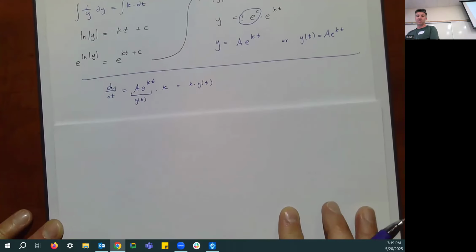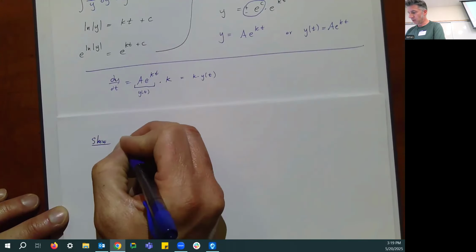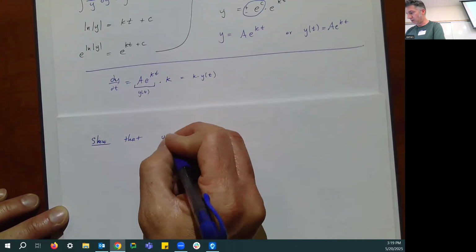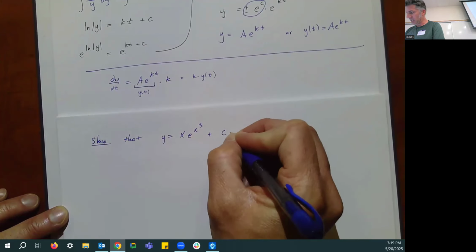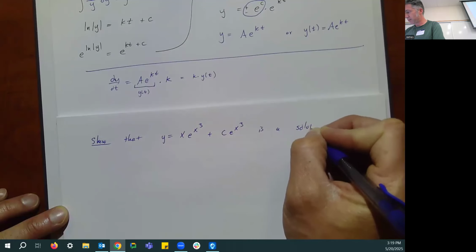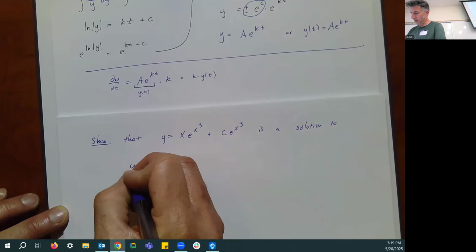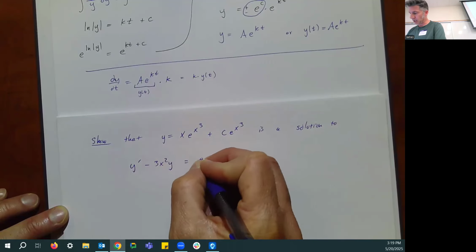The other thing, though, sometimes we like to do is ask to show that, for example, y equal to x e to the x cubed plus c e to the x cubed is a solution to the differential equation y prime minus 3x squared y equals e to the x cubed.